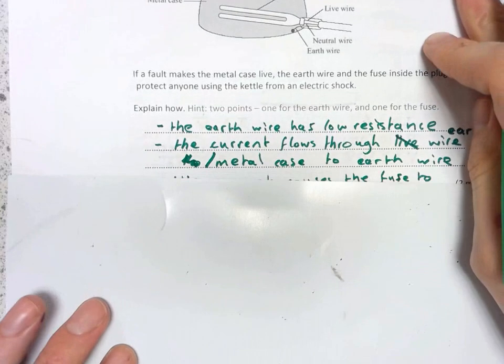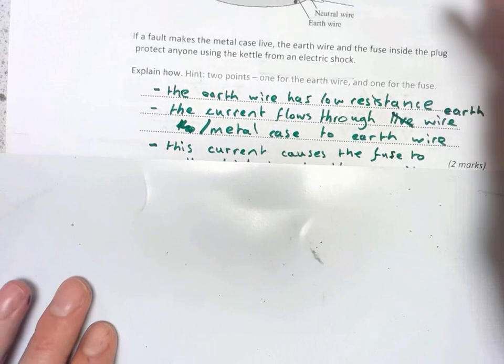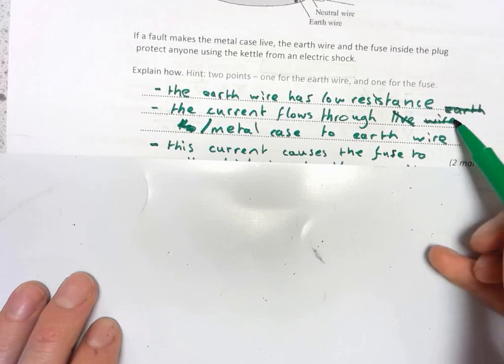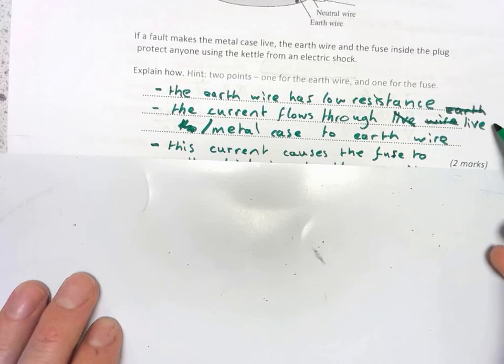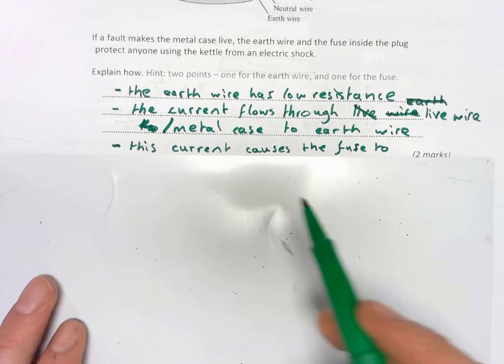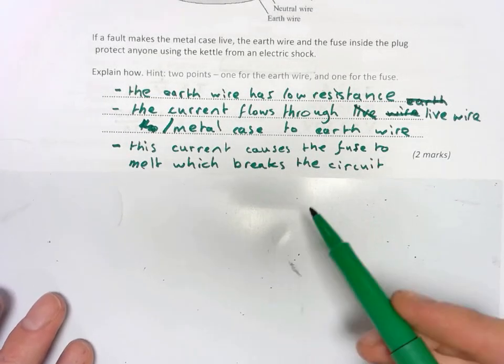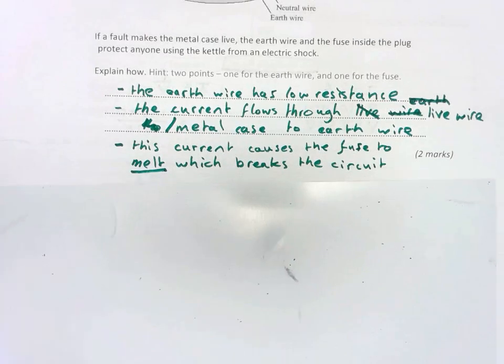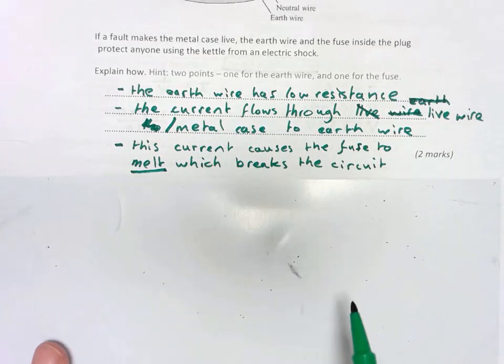And that current will cause the current to flow through the live wire to the earth wire. That's what I was writing, sorry. Through the live wire to the earth wire. This current will cause the fuse to melt. That will break the circuit, and that will mean no current flows at all because there's no longer a complete circuit.